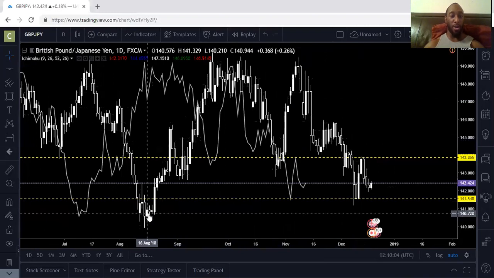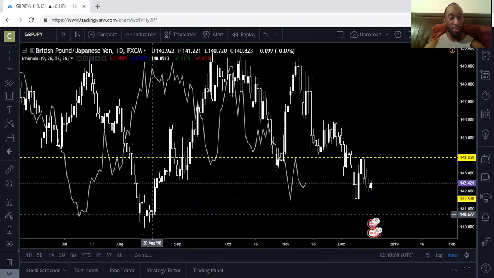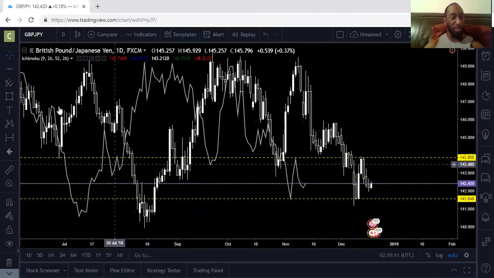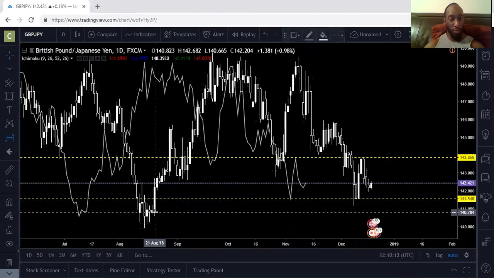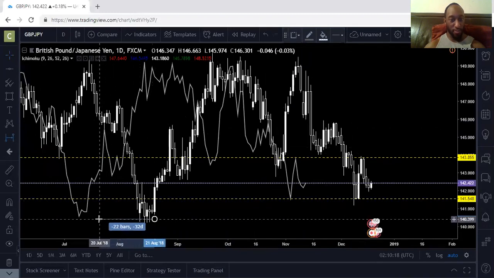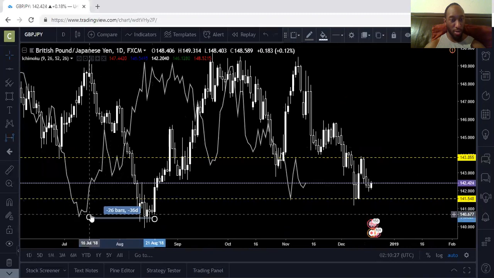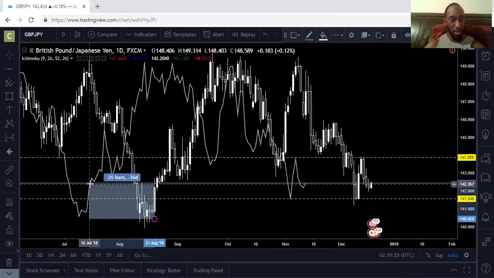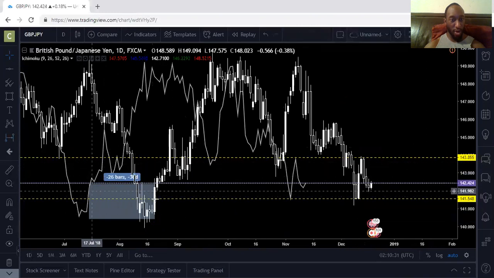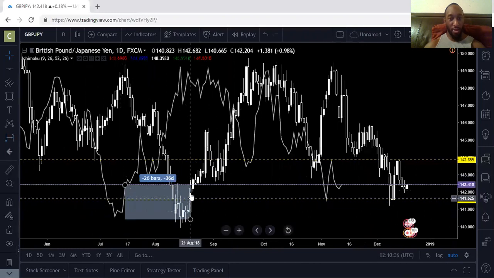As you see here, we had a strong uptrend. Let's see where we start from. This is where the uptrend really began. We go 26 candles in the past. Here. Oh, right here. Go 26 candles. Look at that uptrend.